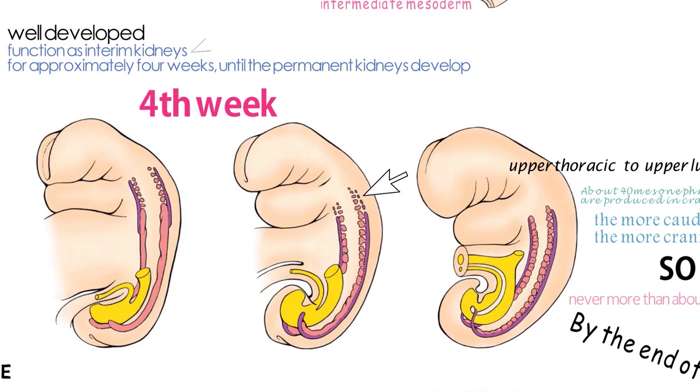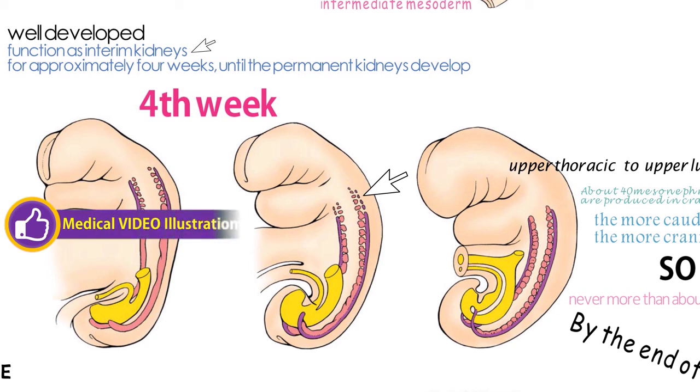At the end of the illustration, we usually have a quick summary about the topic. Mesonephros are temporary kidneys. They begin to develop in about the 4th week, and they function until about the end of the 8th week or the start of the 9th week.